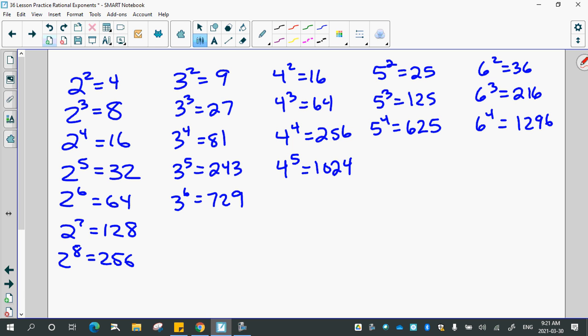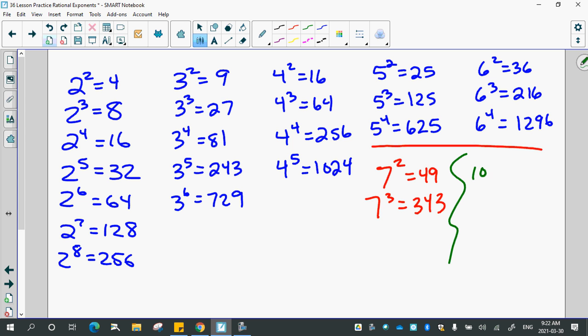And then 7 squared is 49. 7 cubed is 343. And then usually 10s, but 10s hopefully are easy. 10 squared is 100. 10 cubed is 1,000. 10 to the 4th is 10,000. 10 to the 5th is 100,000.